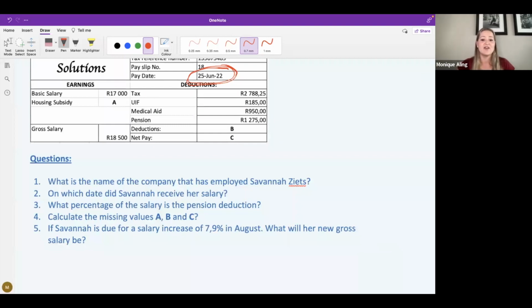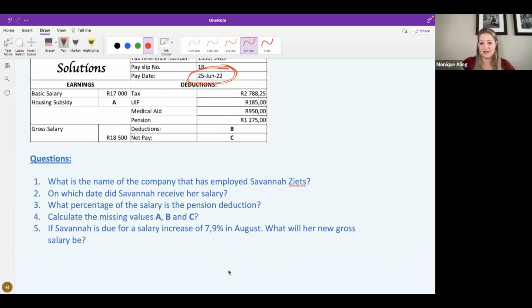All right. So we always start off with nice, easy, comprehension type questions, and then we get hit with the calculation questions like question 3. Now it says, what percentage of the salary is the pension deduction? So we need to have our answer in percentage form.